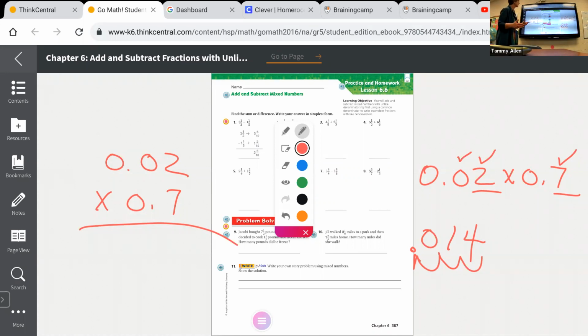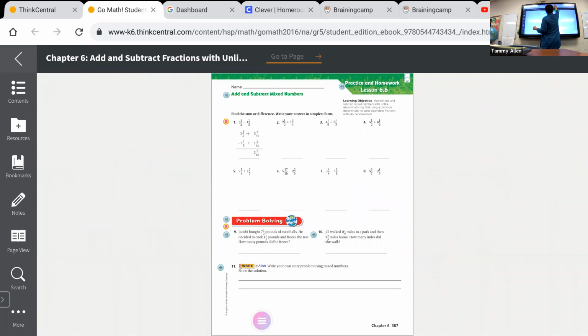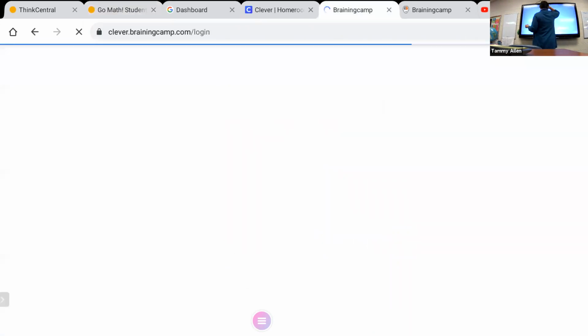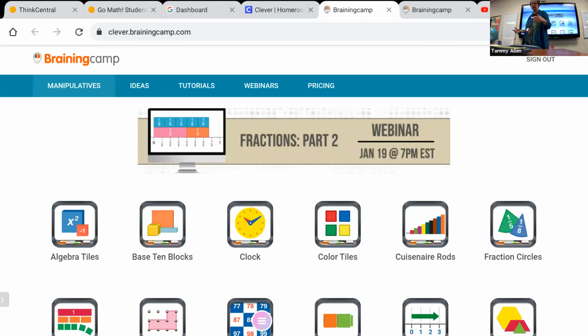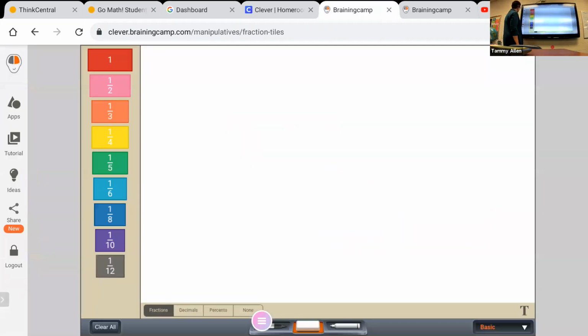And we're going to take a look at Brainy Camp. We're not going to do any writing yet. We're just going to use Brainy Camp to show what's happening today. We're going to do several practice problems using our fraction tiles. So hopefully it will work for us. Hopefully it will help make sense for you.